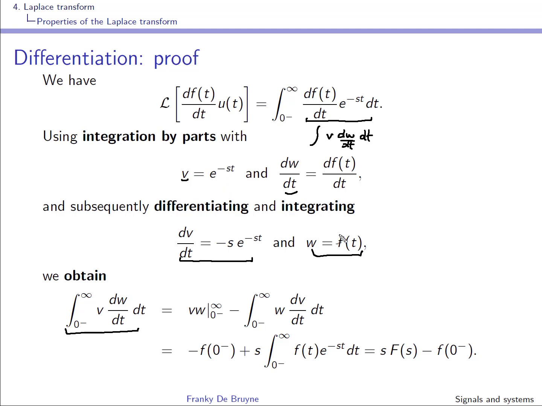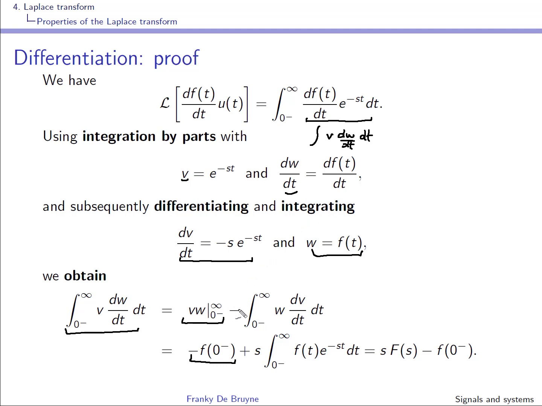If you multiply these two, the infinity won't give a contribution, that will be a 0. So you'll have minus this function evaluated in 0 minus, and this will produce a 1. So this term over here will give you minus the original time function evaluated in 0 minus.